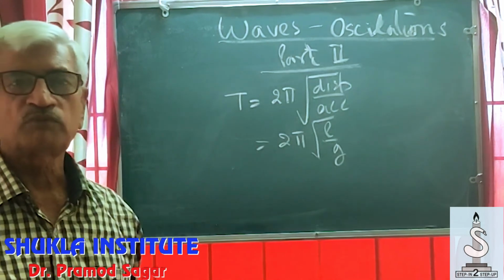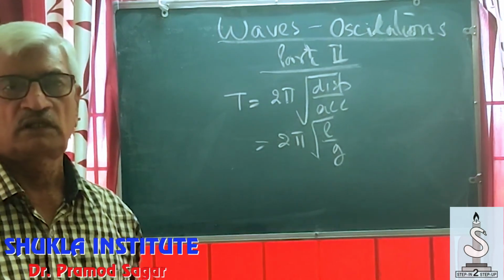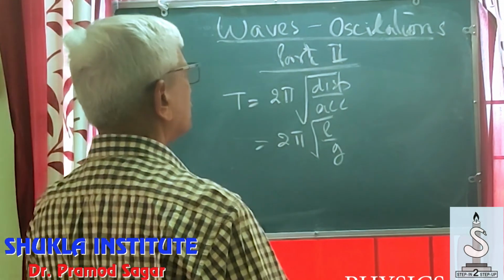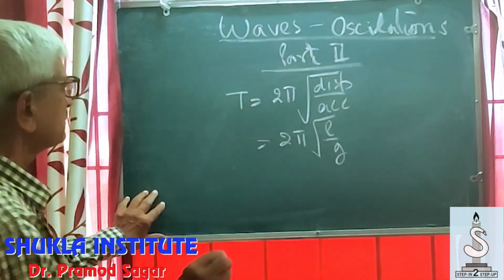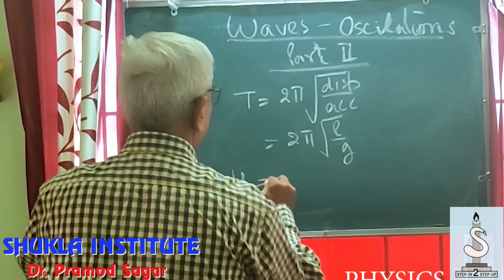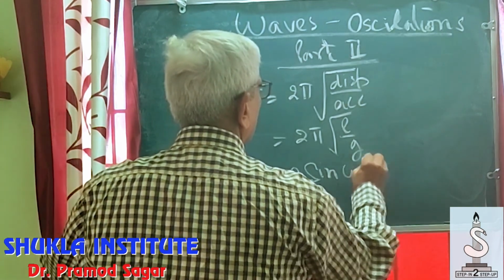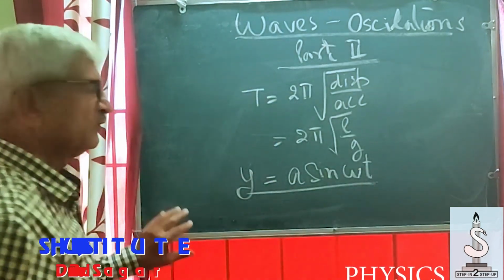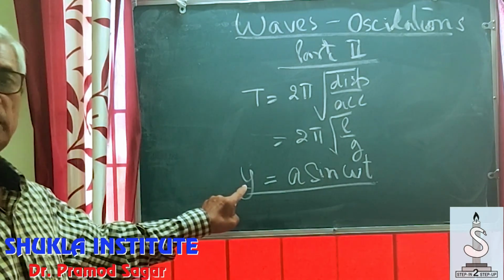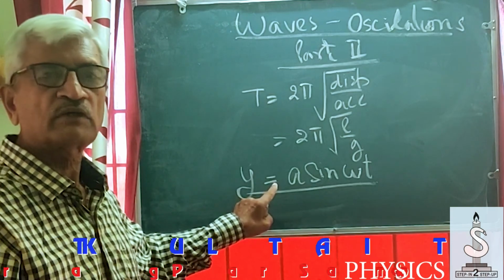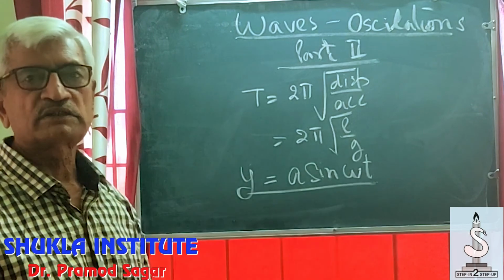We will continue to move and discuss the reference circle. The equation of the motion of the projected point on the diameter was shown to be y is equal to a sine omega t, where a is the radius, y is the displacement on the diameter, omega is the angular velocity and t is the time.